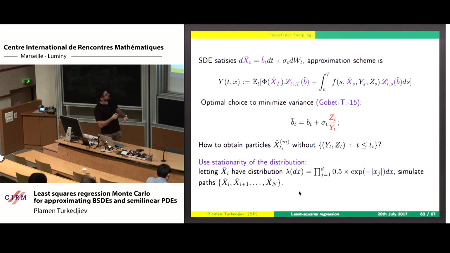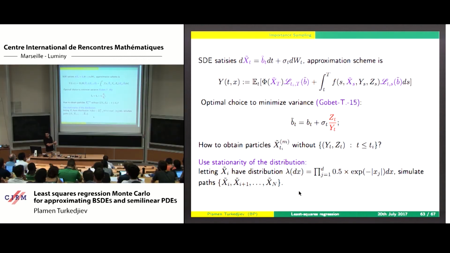And what we found with Emmanuel is that we could minimize the conditional variance of the terms that we wanted to approximate by insisting that our changed drift was simply the original drift plus sigma times z divided by y. This would actually reduce the variance of this to 0. I'll show you that on the next slide.